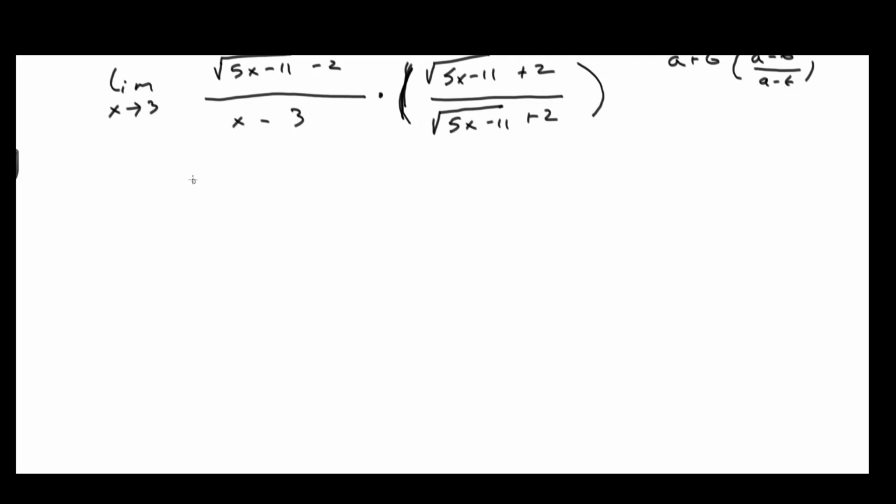So what we end up getting is 5x minus 11 minus 4. And then we'll put that over x minus 3 times our other conjugate value here.